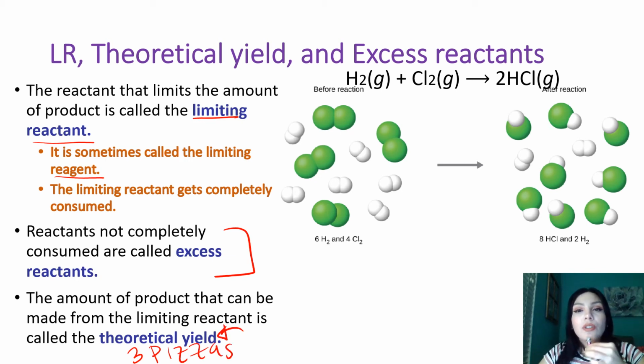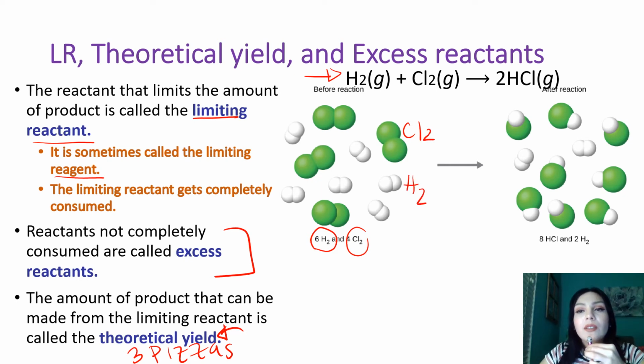And I wanted to show you just a quick example of how this would actually look with atoms and molecules, not just pizzas. So here we have this reaction, right? H2 reacting with Cl2 to give us 2HCl. And here we have 6 hydrogen molecules and 4 chlorine molecules. So the green ones are the chlorines, and then these are the hydrogens.